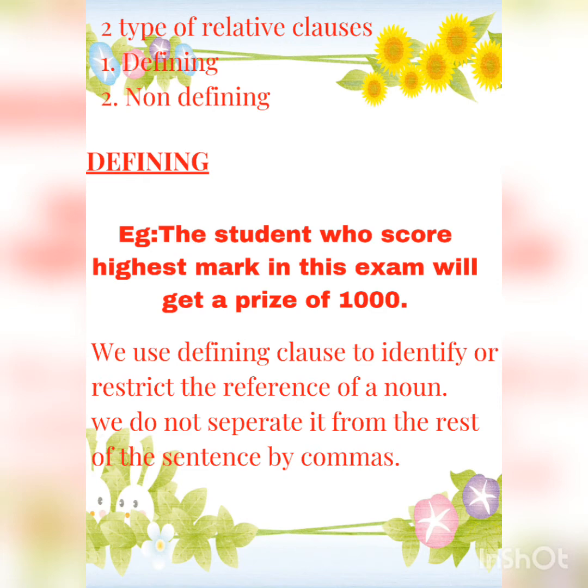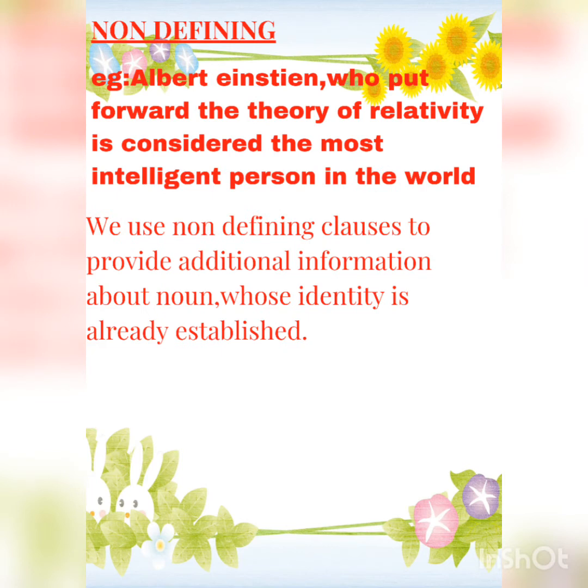We do not separate it from the rest of the sentence by commas. And the second one is non-defining clauses. We use non-defining clauses to provide additional information about a noun whose identity is already established. For example, Albert Einstein, who put forward the theory of relativity, is considered the most intelligent person in the world.